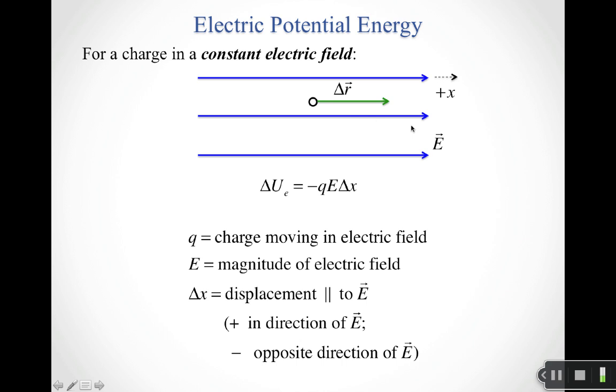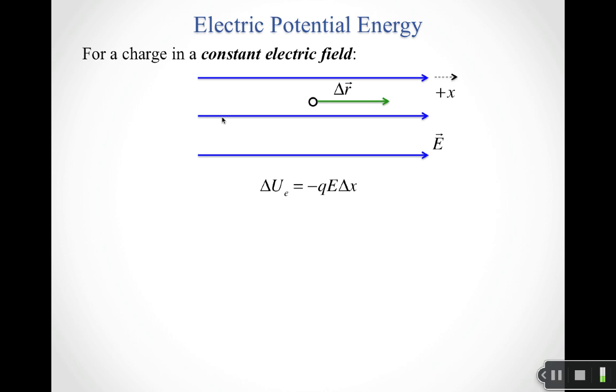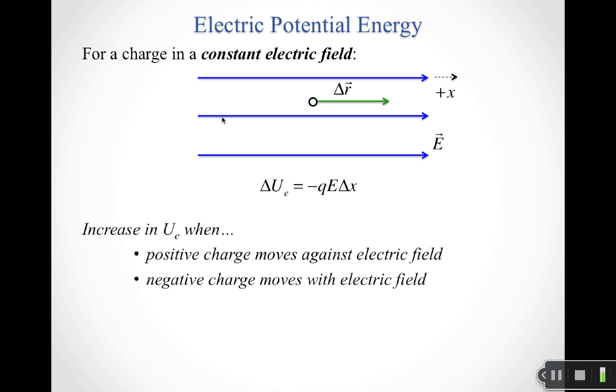So notice in this particular situation, I don't care how much the charge moves up or down because the electric field just points to the right. I only care about how much it moves left and right. And we define this delta X to be positive if it moves in the direction of the electric field and negative if it moves opposite the direction of the electric field. So this is one way that we can calculate the electric potential energy.